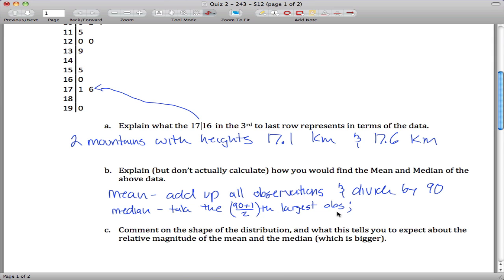That is, what's that, 45.5? So I would average the 45th and 46th largest observations.